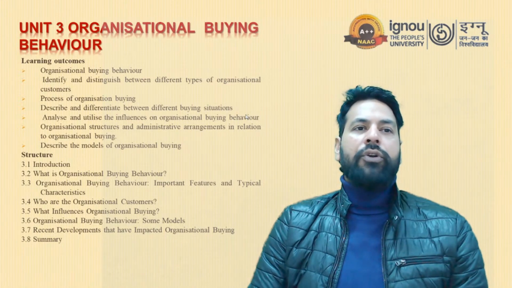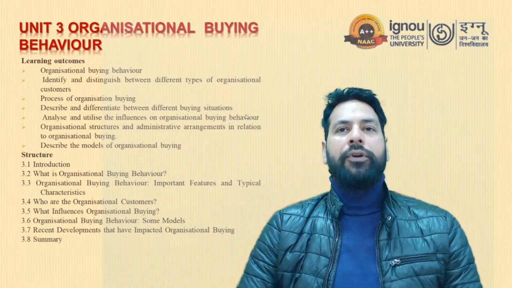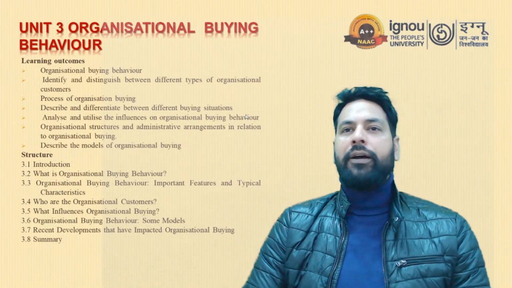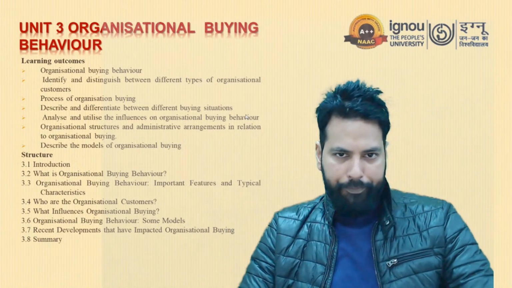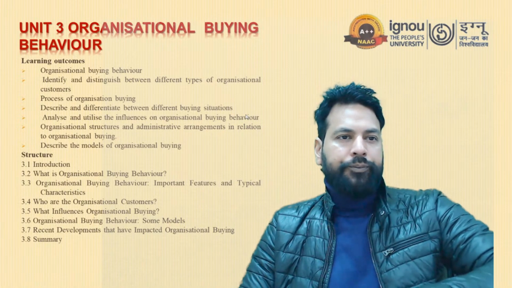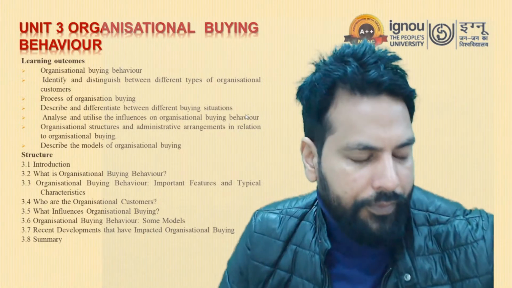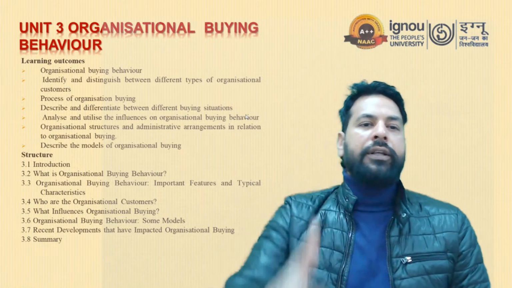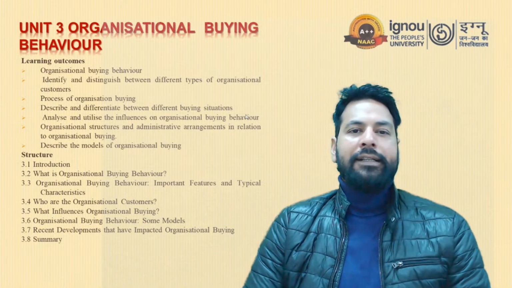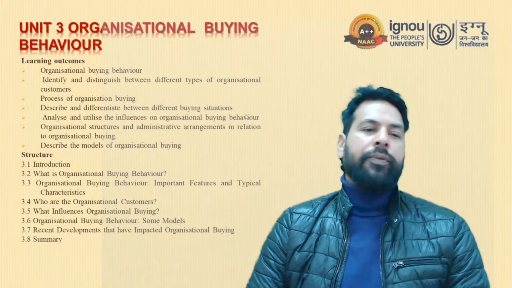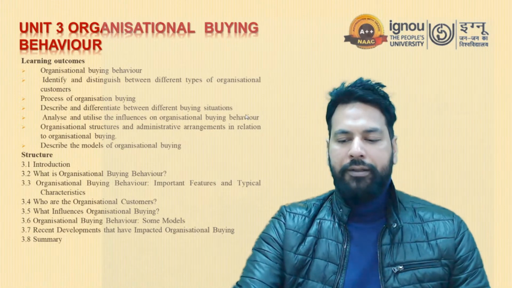So in this unit, we'll talk about organizational buying behavior, how an organization goes ahead in making a purchase. Once we finish this, we'll understand organizational buying, the purchase pattern, and the relationship. And this is the structure. We'll start with the introduction part.